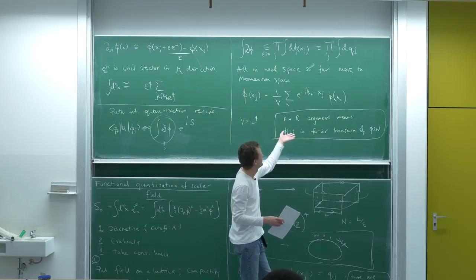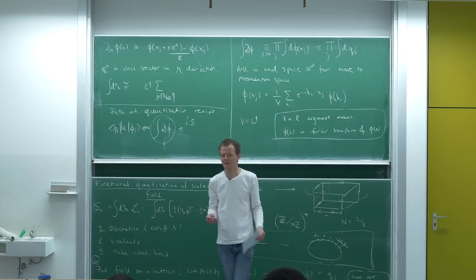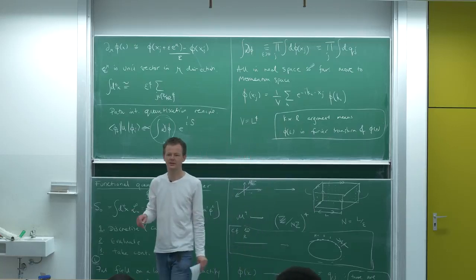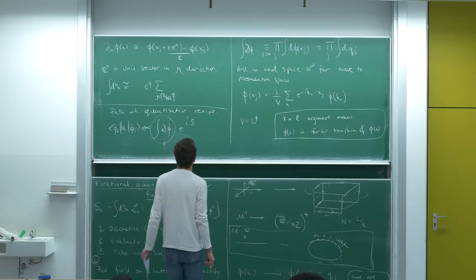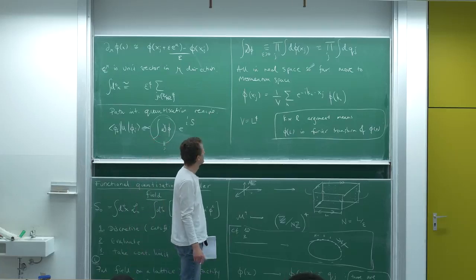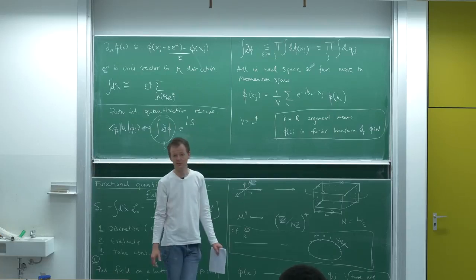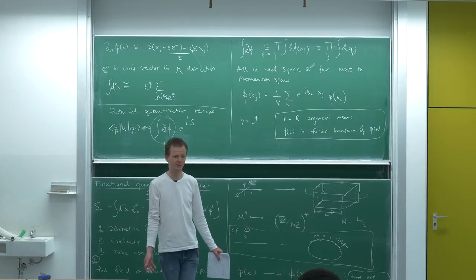If we go down the road of adding hats, then we're going to have hats and tildes and circles. So it's not worth it. Let's just agree that if you write down phi of k, then you mean Fourier space, and if you write phi of x or y, then you mean real space.